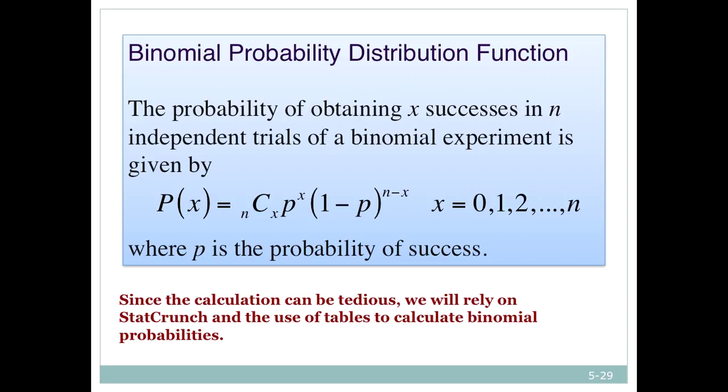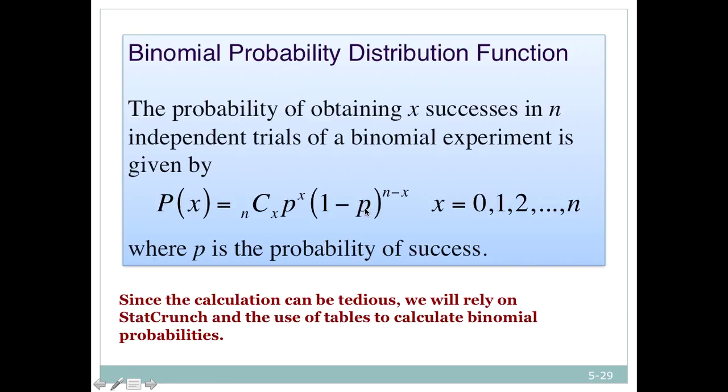Now, here is what the binomial probability distribution function looks like. Basically, this is just a function that allows us to find the probability of obtaining x number of successes in n independent trials. It's a combination formula. We're multiplying by the probability of success raised to a power and the probability of failure raised to a power.